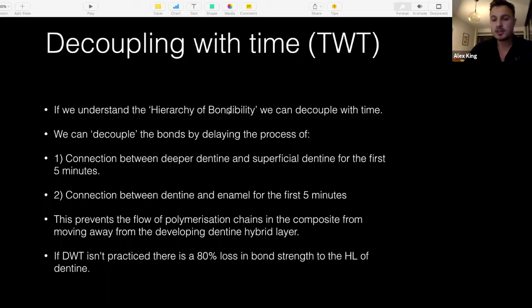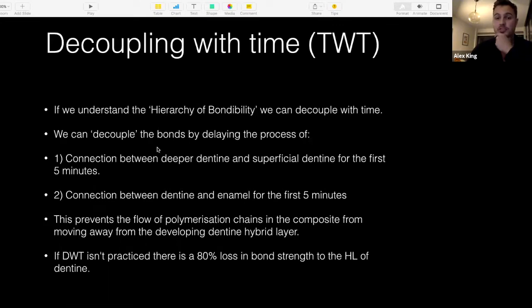So if we understand the hierarchy of bondability, that enamel wants to bond quicker and bonds will form to enamel quicker and the bond strength will mature quicker, and we understand that dentine takes time, we can do something called decoupling with time. All decoupling with time means is that with time, we decouple the bonds. And we need to decouple the dentine bonds first before we even attempt to decouple the actual enamel.